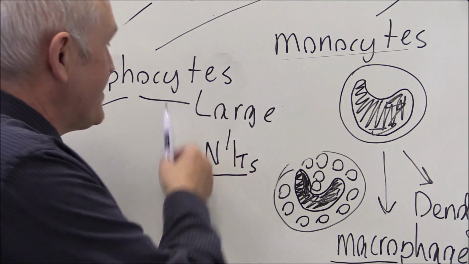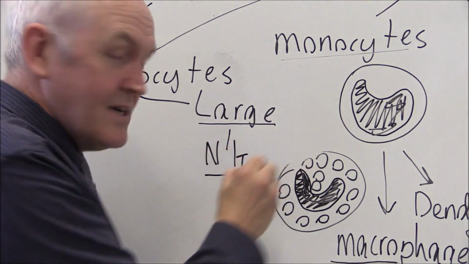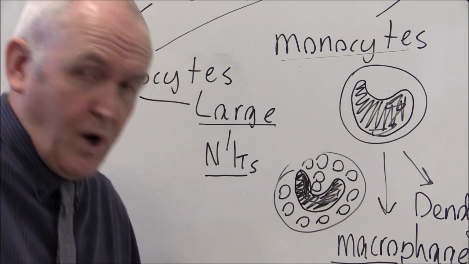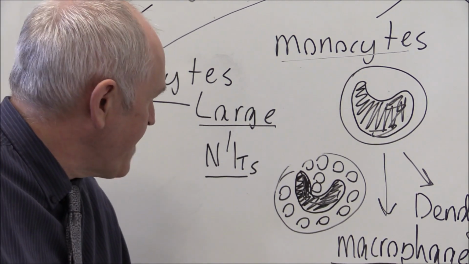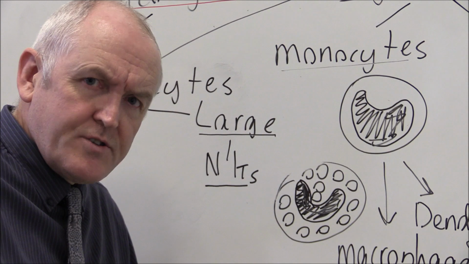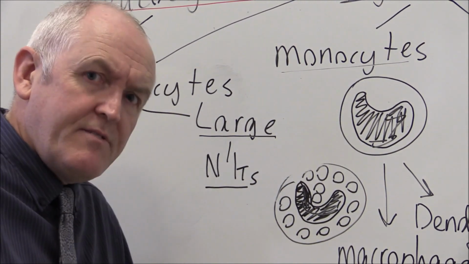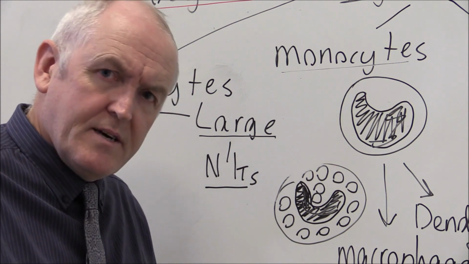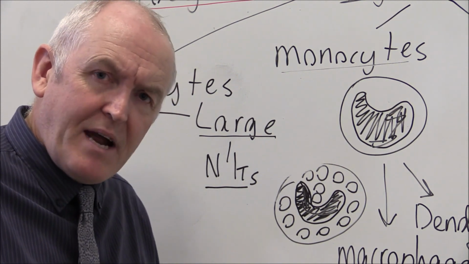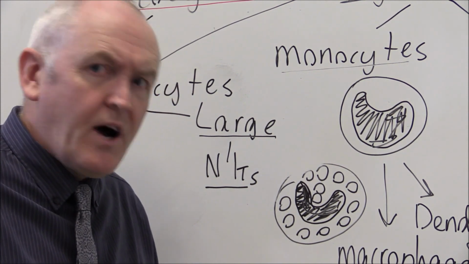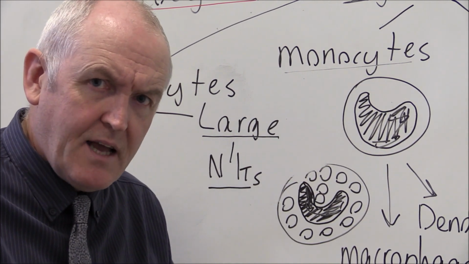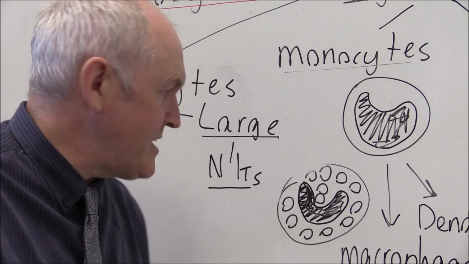So these large lymphocytes will kill cells of the body. Why would you want to kill cells of the body? Well, if those cells of the body are infected with viral particles. So viruses are obligate intracellular parasites. The viruses don't breed, they don't reproduce independently like bacteria do in the tissue spaces.